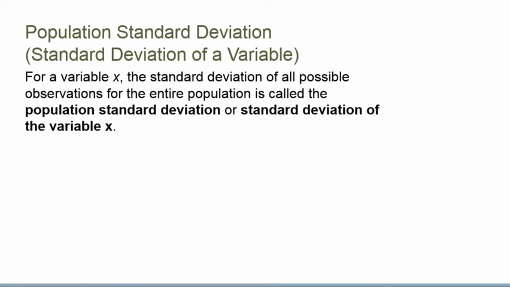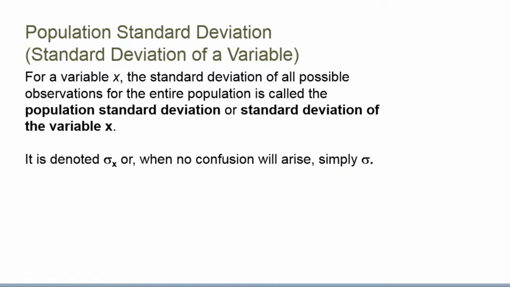Population standard deviation, the standard deviation of a variable. For a variable x, the standard deviation of all possible observations for the entire population is called the population standard deviation, or the standard deviation of the variable x.